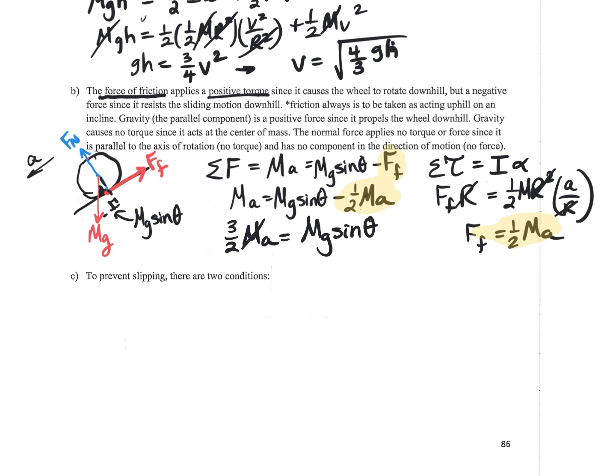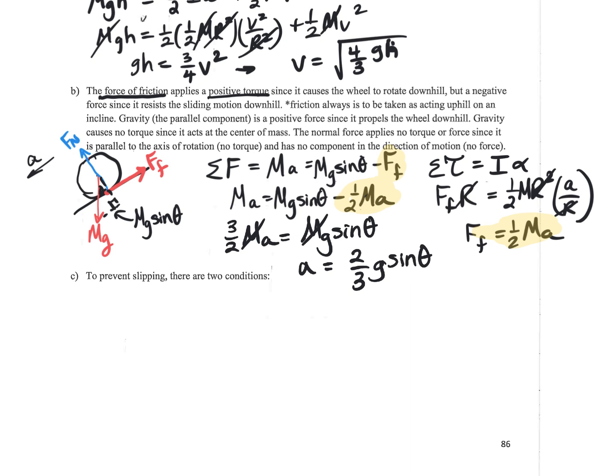Look what happens to M. So what is A? 2/3 g sine theta. We knew it was going to be less, right? Because of the rotation, the acceleration goes down.